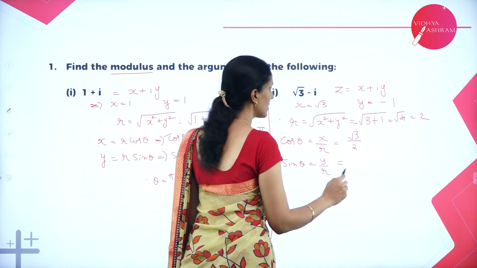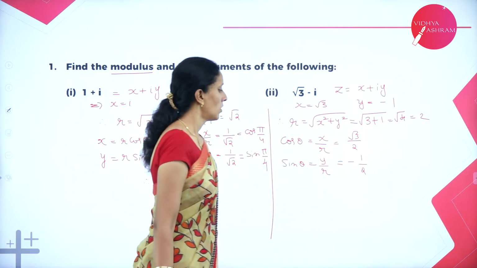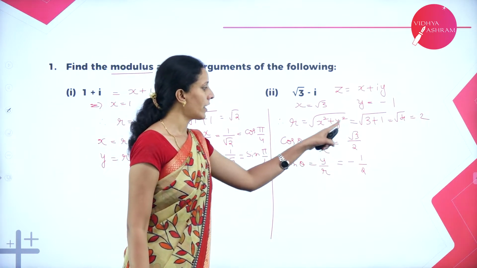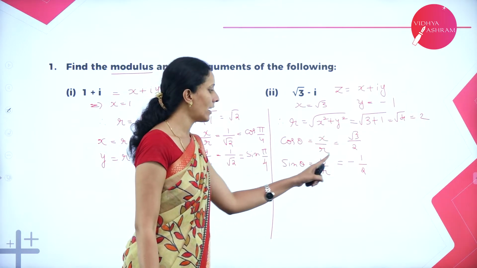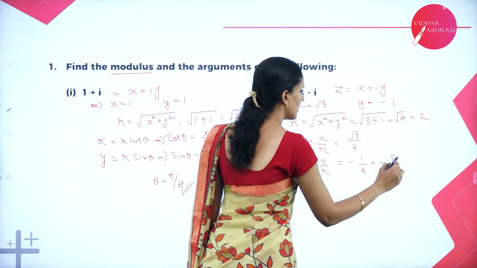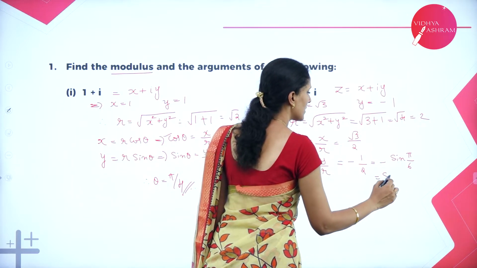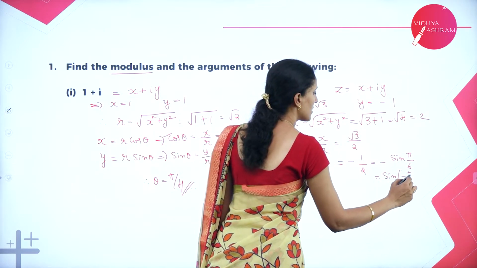And here sin theta is minus 1 by 2. So cos theta we can write as root 3 by 2, but sin theta is minus half, which can be written as minus sin pi by 6, or this is nothing but sine of minus pi by 6.